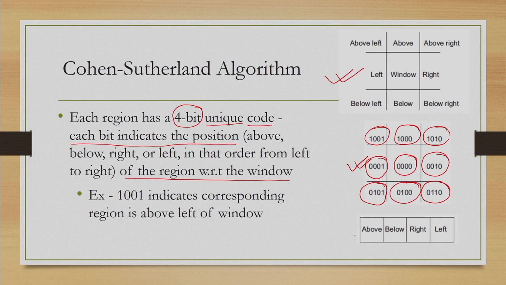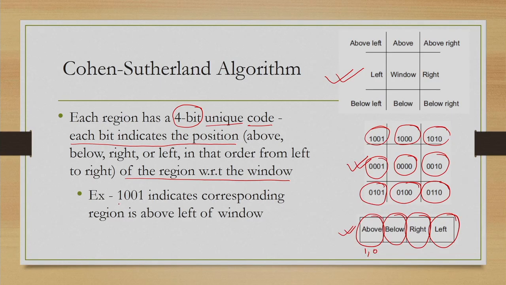and the organization of the code looks something like this, where the leftmost bit indicates above location, the next bit indicates below location, the next bit indicates right, and the rightmost bit indicates left location. Each location can take either 1 or 0. 1 means it is above, 0 means it is not.